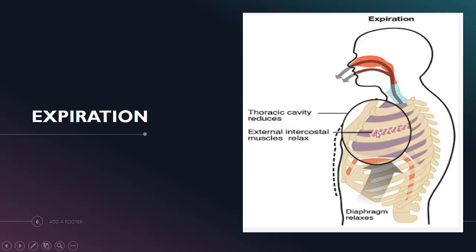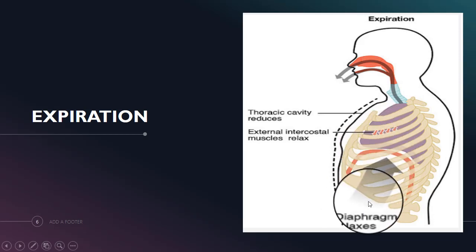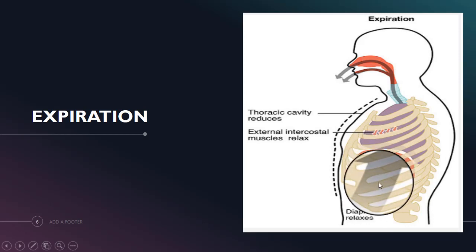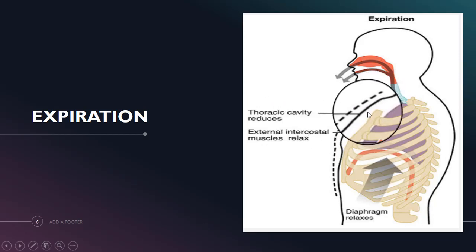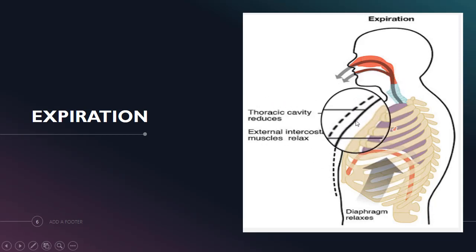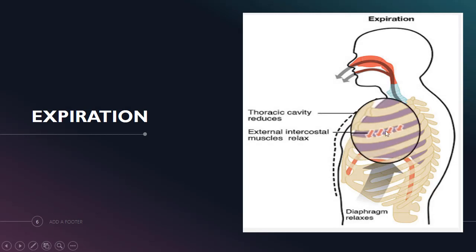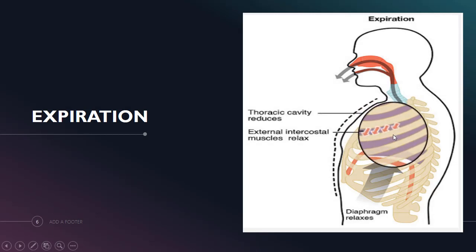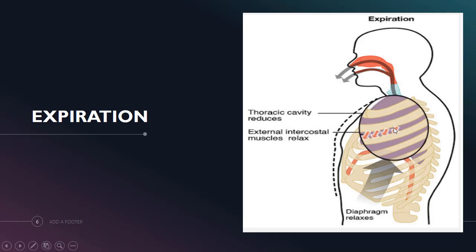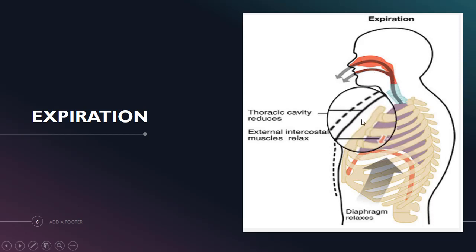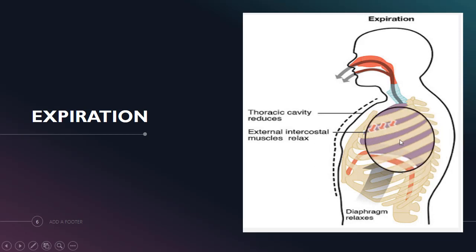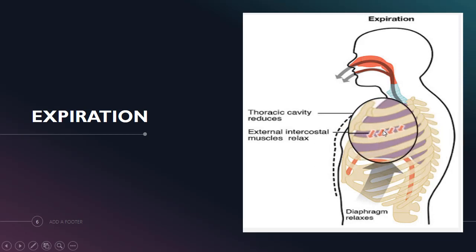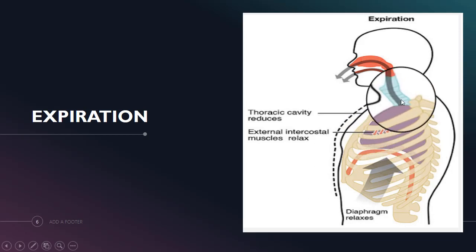The diaphragm relaxes to return to its resting position, reducing the superior and inferior dimensions of the thoracic cavity. And the external intercostal muscles relax to depress the ribs and sternum, reducing the anterior and posterior dimensions of the thoracic cavity.